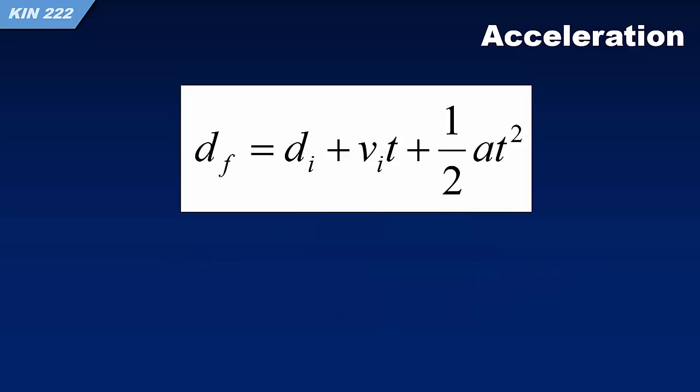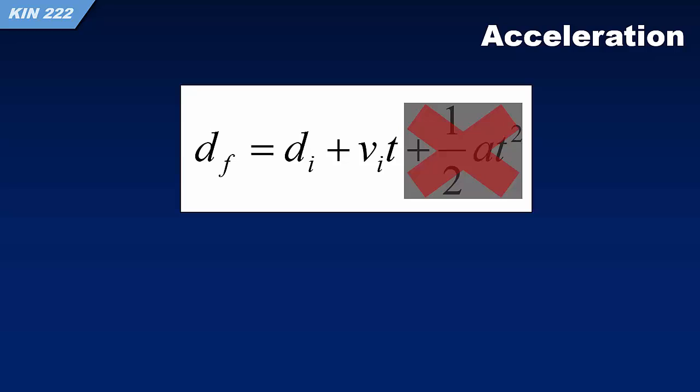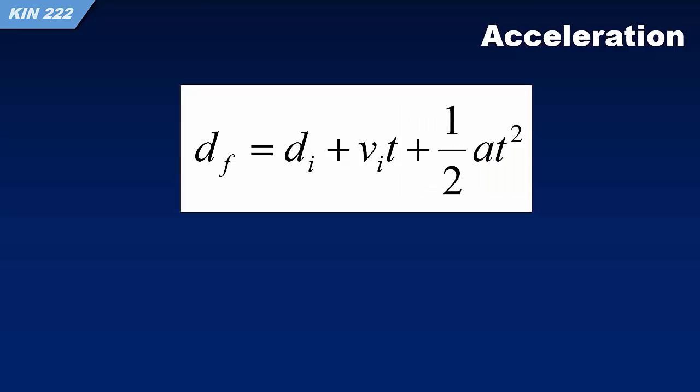So we can see in this formula that, like the previous formula, if we don't have any acceleration, then this formula reduces back to what we had before. So we have the change in displacement is equal to the v initial, which would be the same as the v final if there's no acceleration, times time. But when we have acceleration, we have to add this other component in here. So this formula becomes our second in our series of four kinematic formulas.